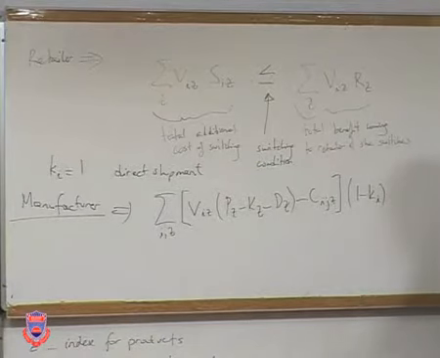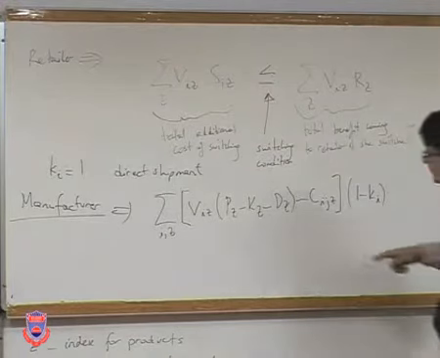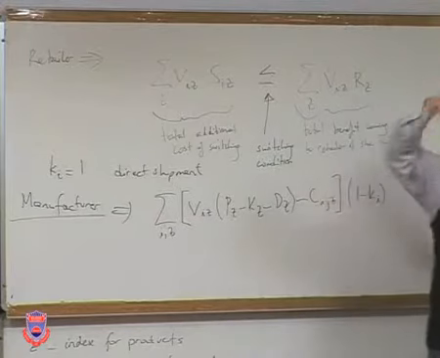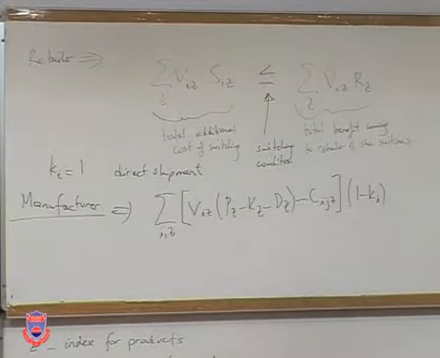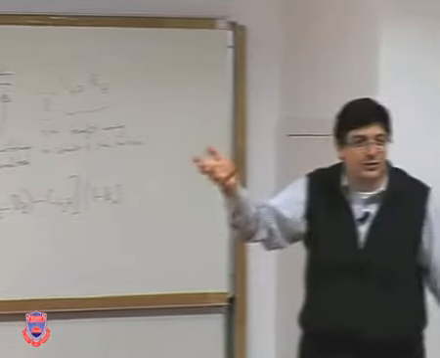Note that K sub i's are not decision variables directly. K sub i's are a function of the rebate that you give, and accordingly, the retailers are going to make that decision. Okay, if you give a large rebate, some of the K sub i's will be 1, the others will be 0. If you make it even larger, the number of K sub i's which are equal to 1 will increase, of course.